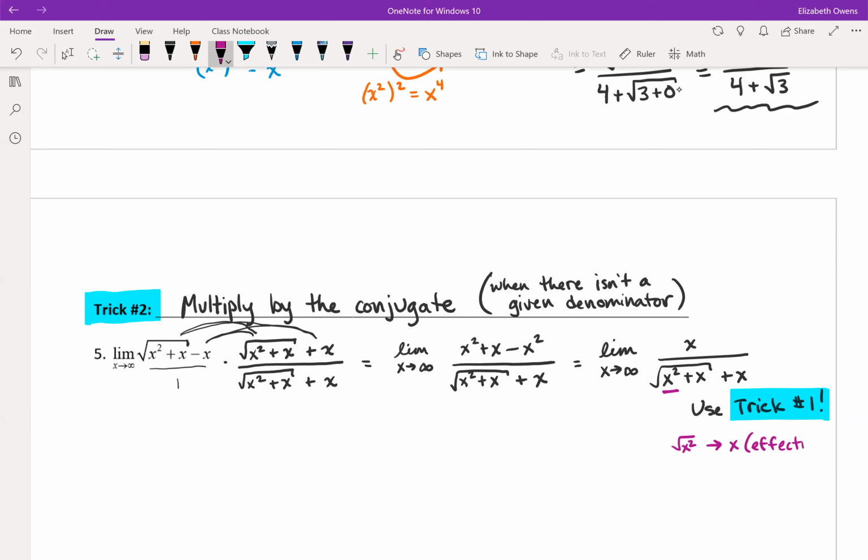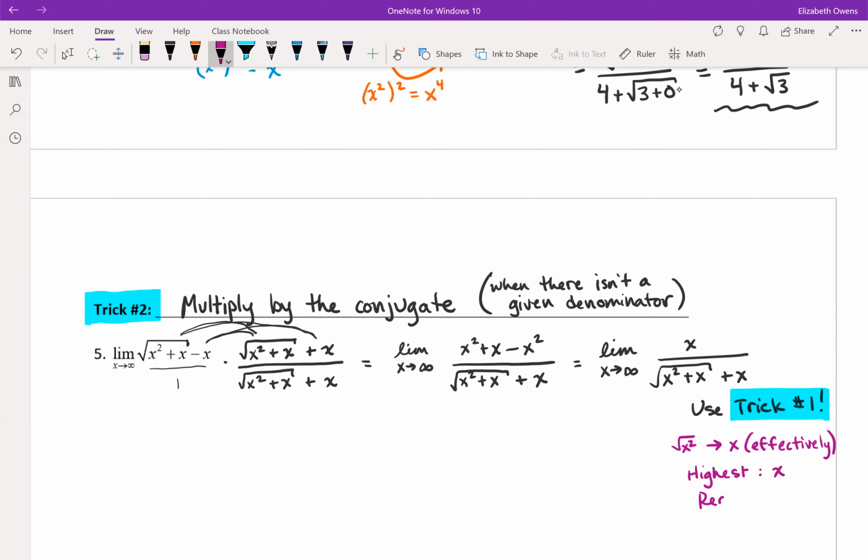I'm saying effectively because technically there's some other stuff underneath that radical, but as x gets very large, that term will act a lot like x. So our largest power of x in the denominator effectively is just plain x.